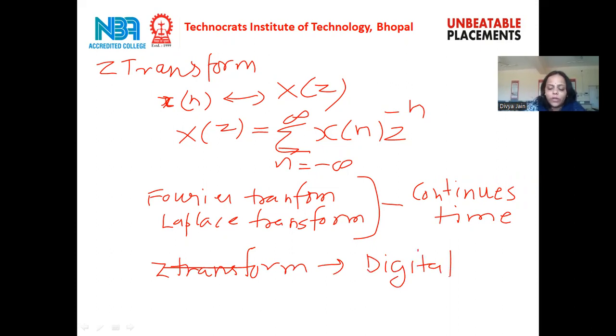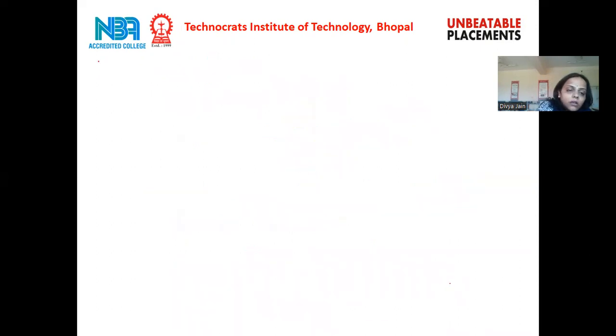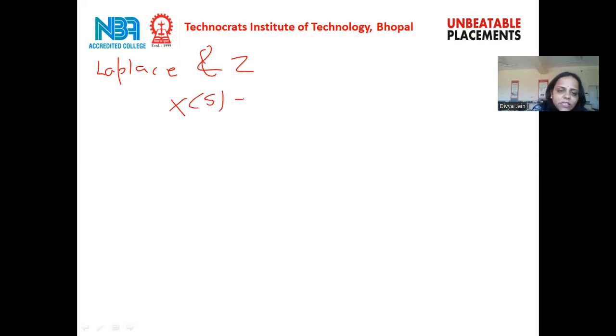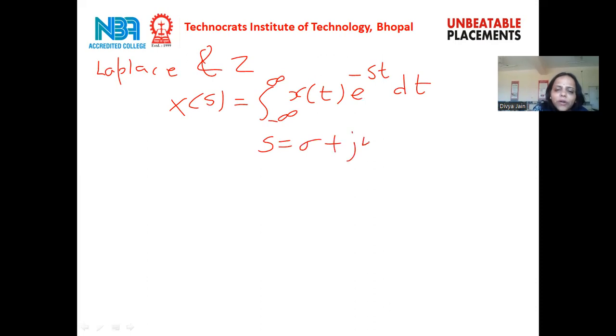Now the relation between Laplace transform and Z transform. Laplace transform is represented as X(s) equals integral from minus infinity to infinity x(t) e to the power minus st dt, where s is sigma plus j omega.